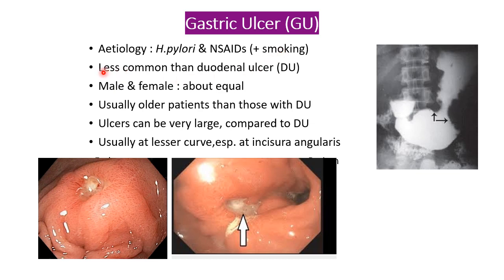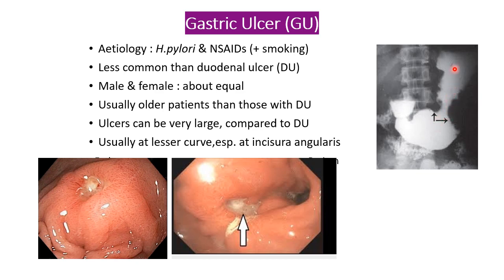Gastric ulcer is less common than duodenal ulcer. The male and female ratio is about the same, and usually older patients are affected, and the ulcers can be large compared to duodenal ulcers. They usually occur at the lesser curve, especially at the incisura angularis.